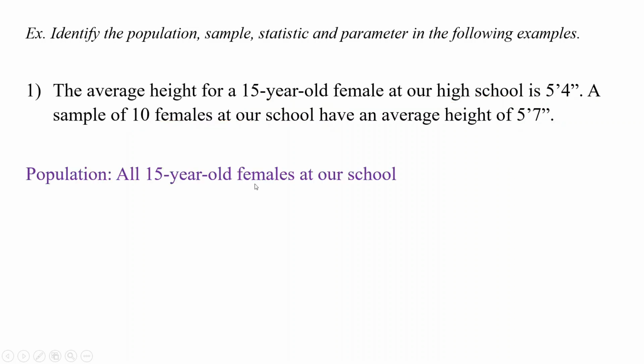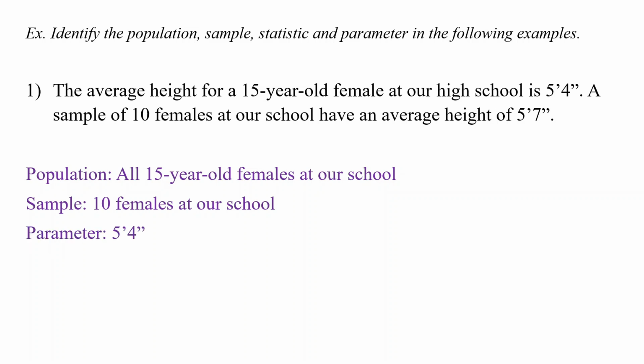So when we identify this, our population is all 15-year-old females at our school, and our sample is 10 females at our school. Okay? And we're going to make sure that a good sample is 10 15-year-old females at our school. The parameter is 5'4". That describes our whole population. And our statistic is not equal to our parameter, but we expect that, right?